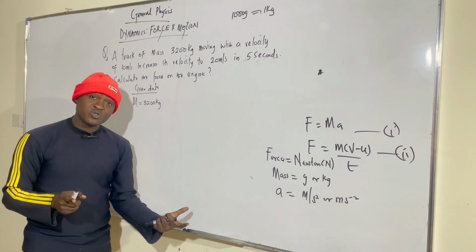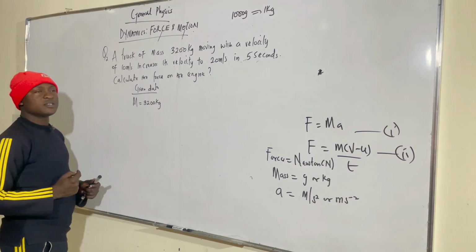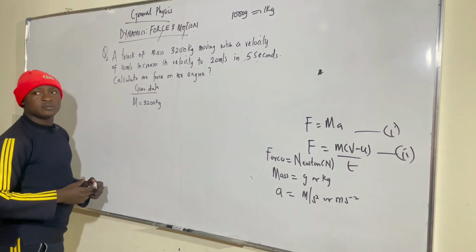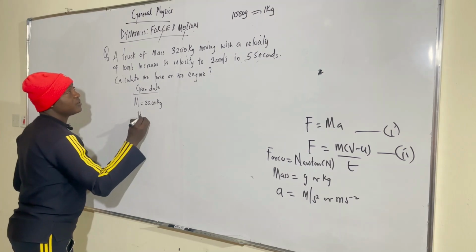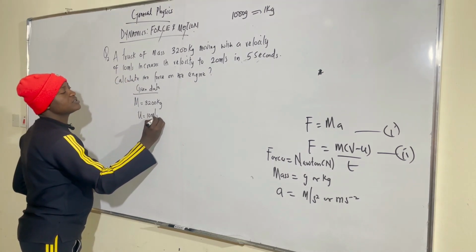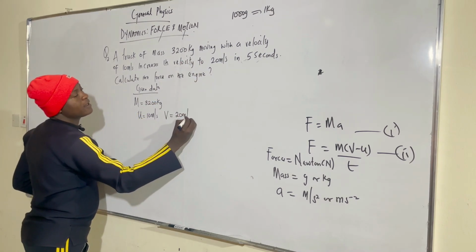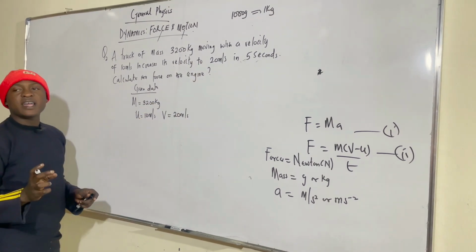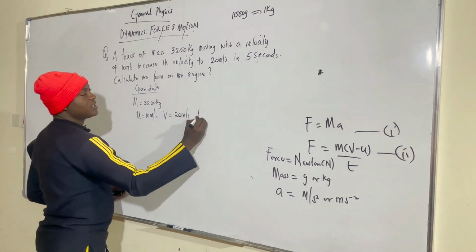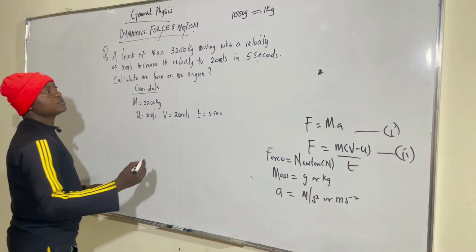You just convert it to kilogram. Now, moving with a velocity of 10 meter per second, increases velocity to 20 meter per second, meaning our initial velocity, the first given velocity, is 10 meter per second, and the final velocity it increases to is 20 meter per second. In 5 seconds, the given time is 5 seconds.